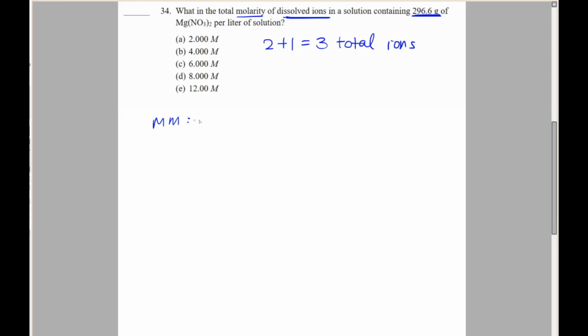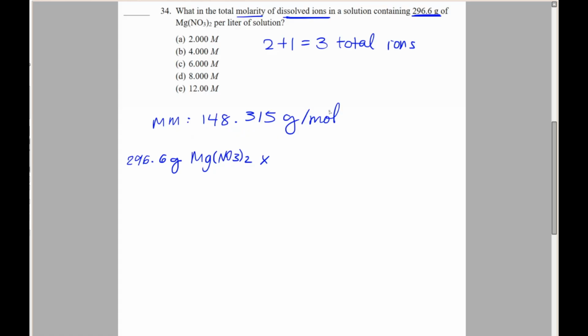A quick Google search will tell you that the molar mass is approximately 148.315 grams per mole. So now that we have all of this information, we can set up a simple dimensional analysis calculation. We're starting with the given amount of 296.6 grams of MgNO3, and we're multiplying this by the molar mass to convert everything into moles.